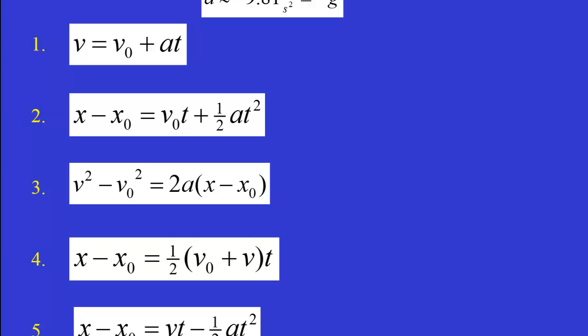And one final thing I'll say is that there's a very special case of one-dimensional motion with constant acceleration, and that's when we study the motion of objects that are moving vertically near the Earth.